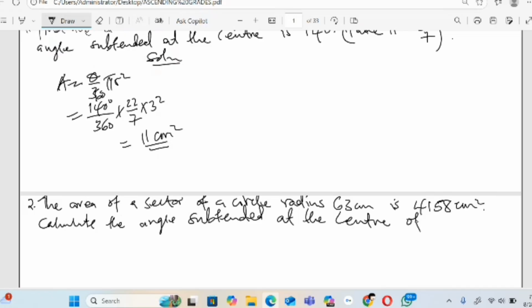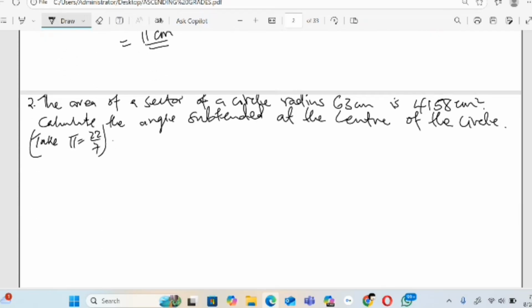So you have to find theta. You can take pi to be 22/7. So that is our question number 2.